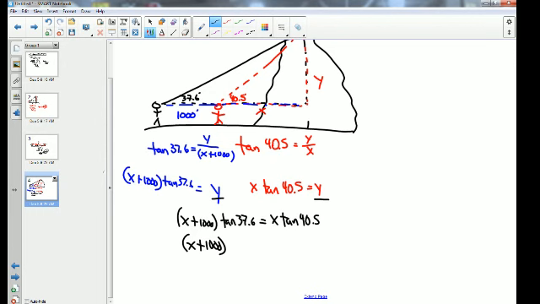Tangent of 37.6 is 0.7701. And tan 40.5 is 0.8540.